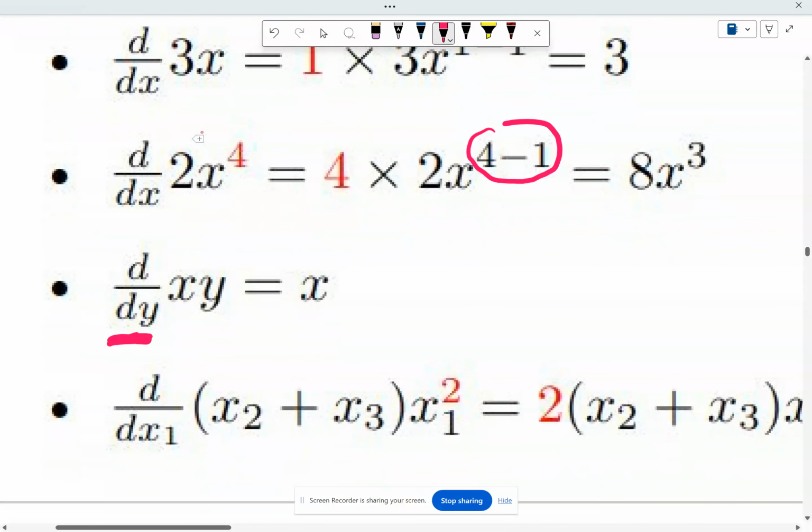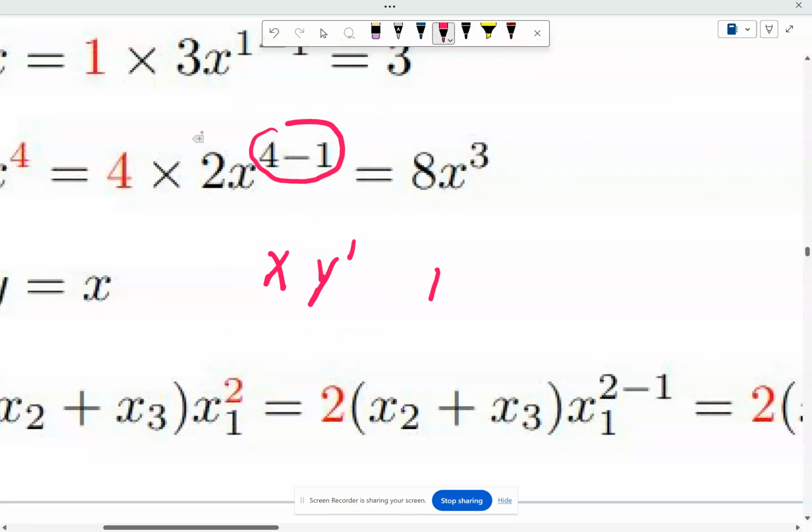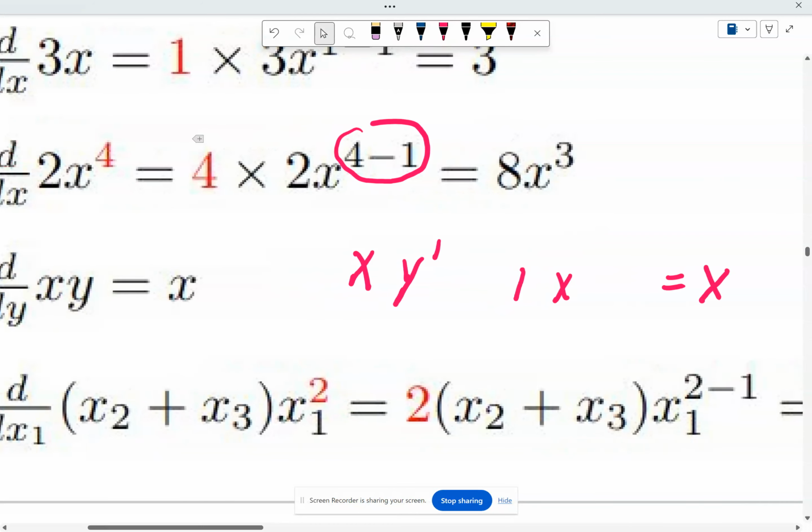Here's another one. Now, y is the variable, okay? Therefore, x is a constant. What that means is you have y to the 1 and x. So we multiply by 1, giving xy, and then 1 minus 1. So this cancels out, which equals x. Okay?